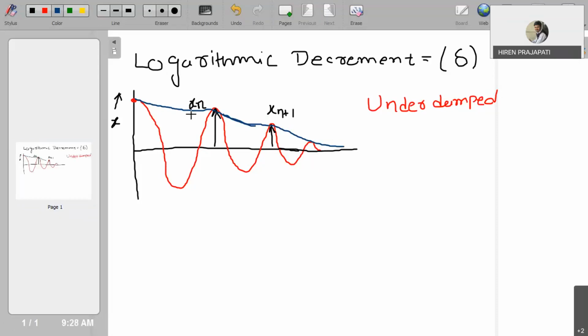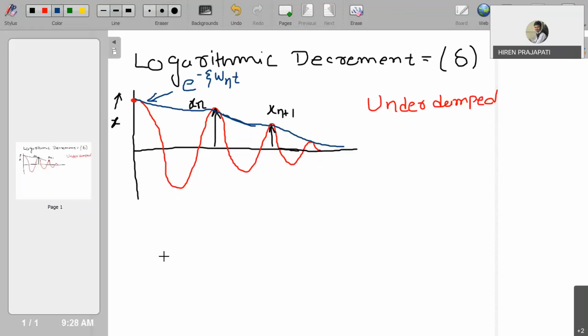This blue line is indicating some exponential value, e to the power minus zeta omega n t. Why am I writing this? Because xn and xn plus 1 are nothing but the response of an underdamped system. We have already derived the response equation for an underdamped system, so let me write it for reference.